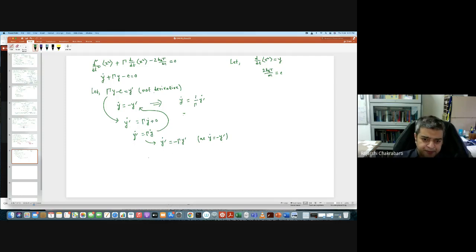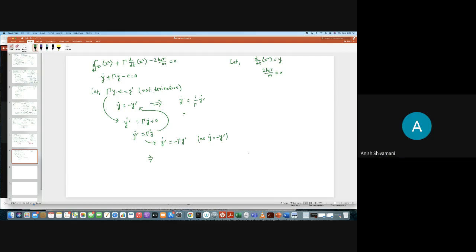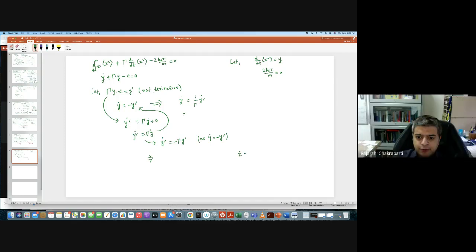Should be fine. Can you solve this equation? Yes, sir. This is nothing but x dot equal to some constant gamma times x. If you solve this, what am I going to get? Exponential. Because you have dy prime/dt is minus gamma y prime, or dy prime by y prime.